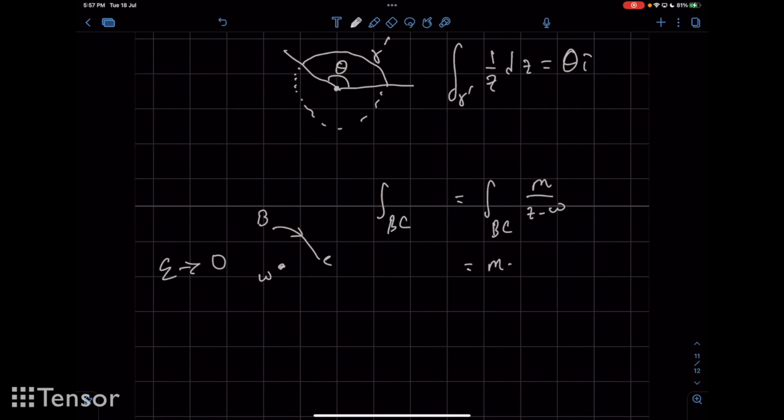Now it's making a very big angle, but if I shrink the radius, then what angle does the arc make at omega? Pi by 3. That's an excellent guess, and it's correct.